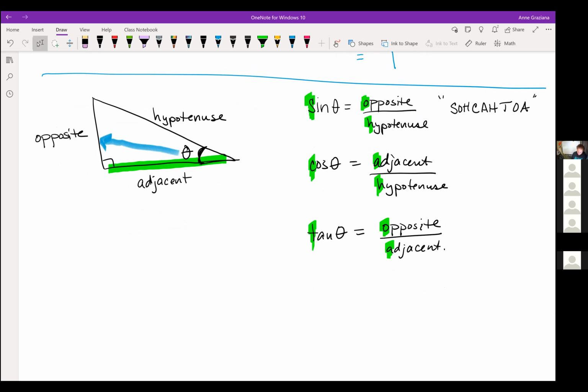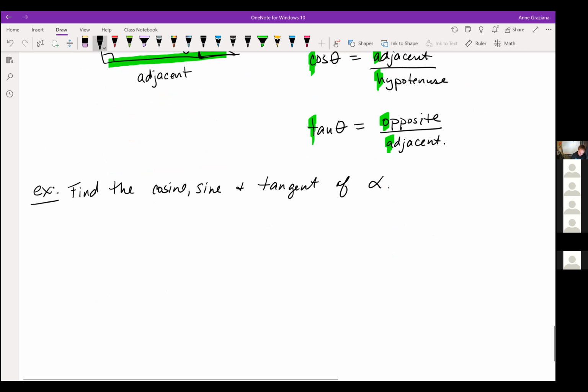All right, so let's do an example. Find the cosine, sine, and tangent of alpha. So here's my angle alpha.